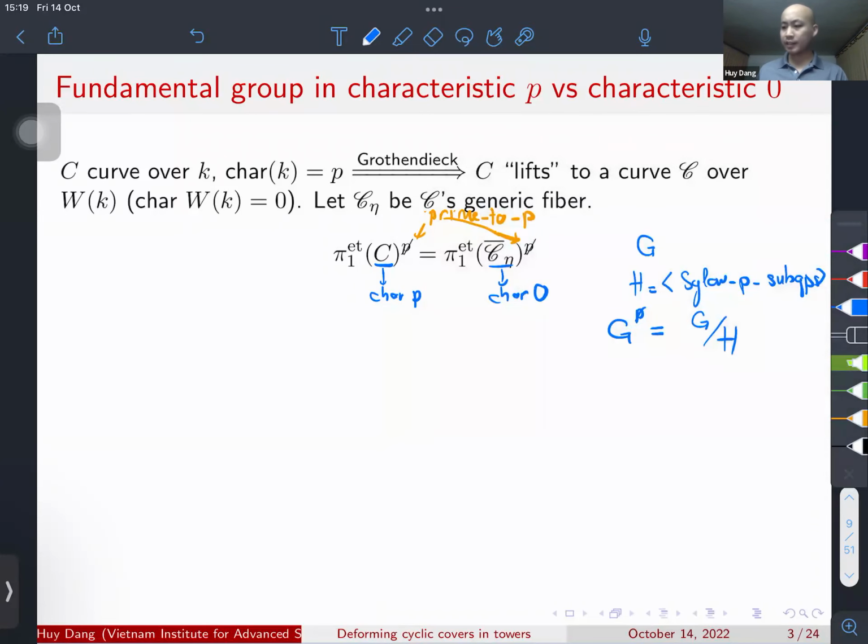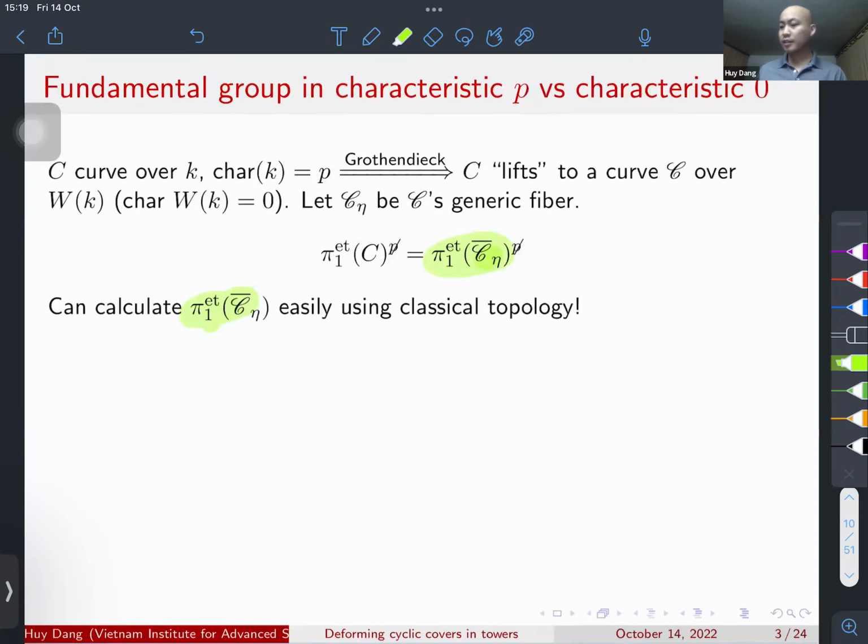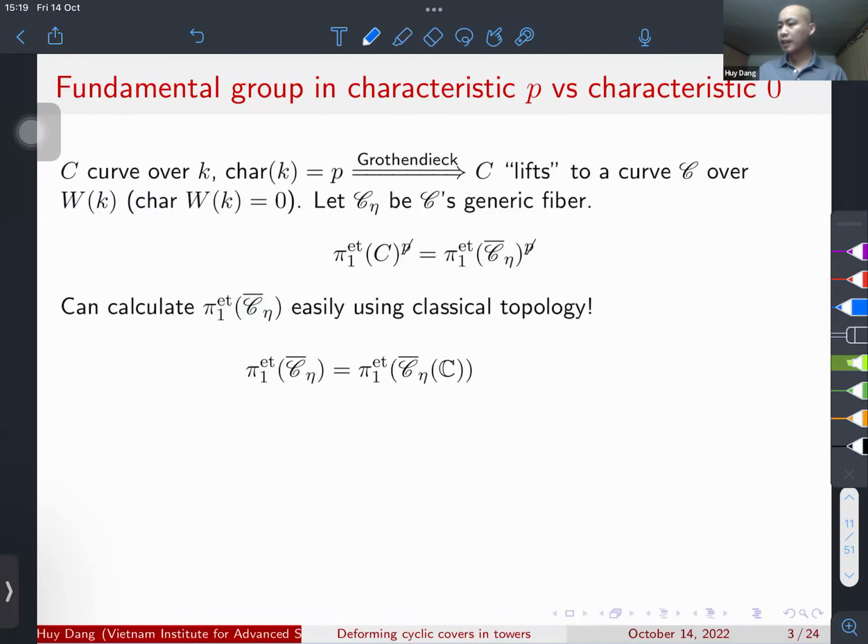Okay. And the upshot is the right-hand side in this equation can be computed quite easily using topology. Namely, the étale fundamental group on the right-hand side is equal to that of the complex points, because you may change to the algebraic closure. It should contain the complex field, and then you just take the complex points, so you obtain a complex variety.